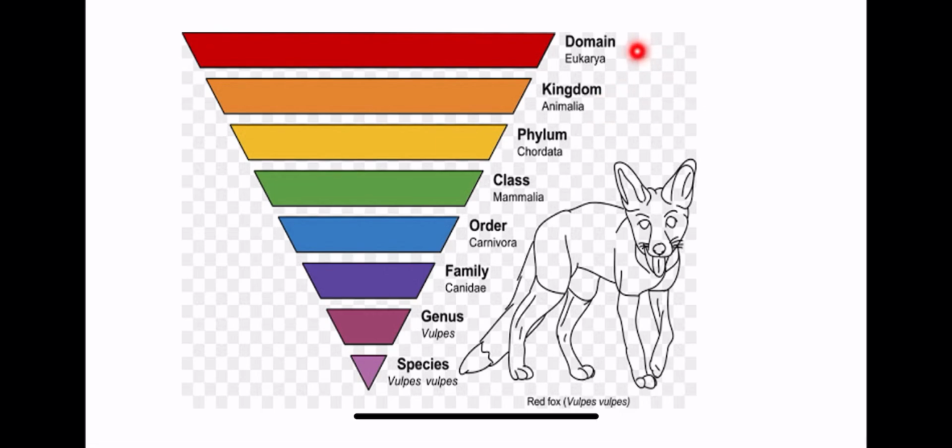So here, the most general is the domain. The fox is from domain Eukarya, kingdom Animalia, phylum Chordata, class Mammalia, order Carnivora, family Canidae, genus Vulpes, species Vulpes. That's why it's called Vulpes.